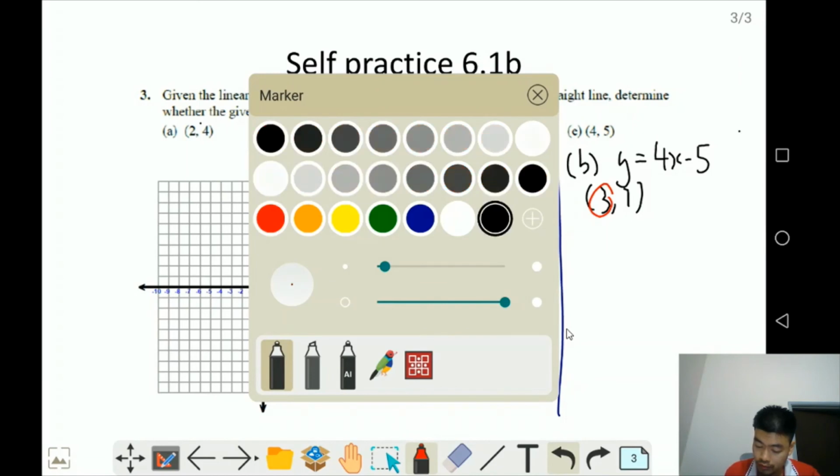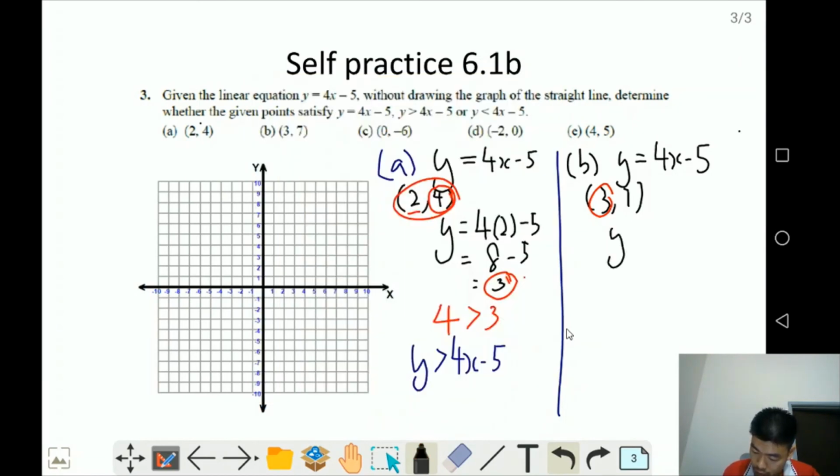So what do you have? y equals 4 in bracket 3 minus 5. 4 times 3 is 12. 12 minus 5 is 7. Now I want you to compare the given value. Here the coordinate is 7, and compare it with the value that you have calculated.